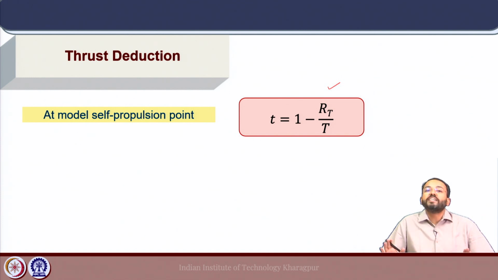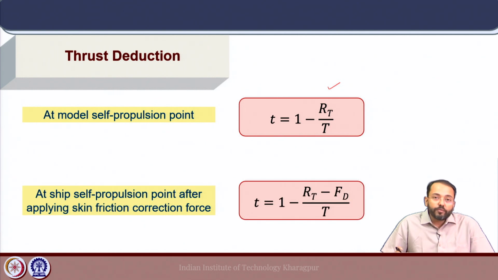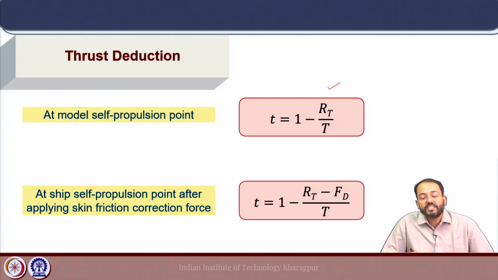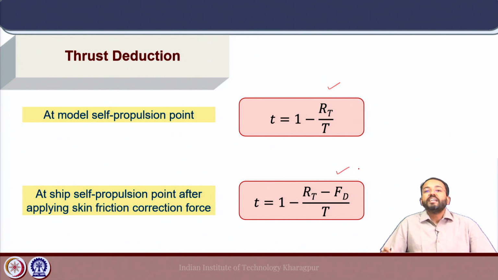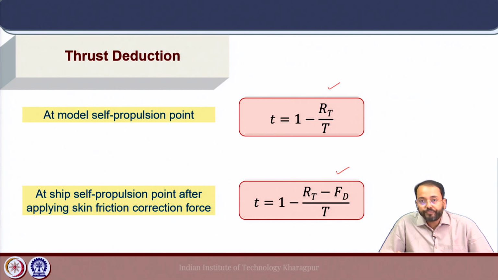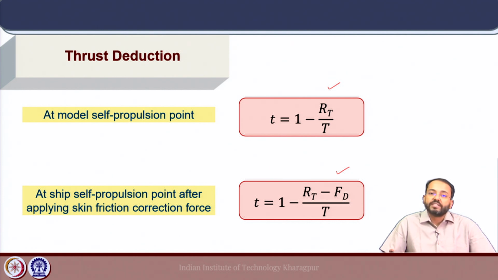So, there is no correctional force. But when we apply the skin friction correction force, the self propulsion point is shifted from the model self propulsion point to the ship self propulsion point, and here the thrust deduction factor will include Fd, which is the skin friction correction force, in its expression.